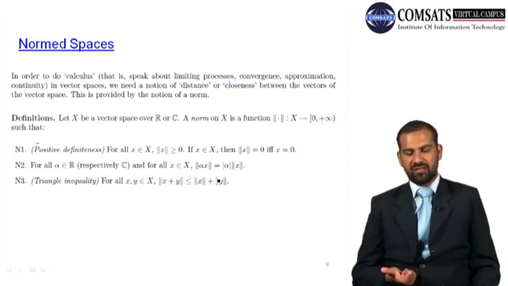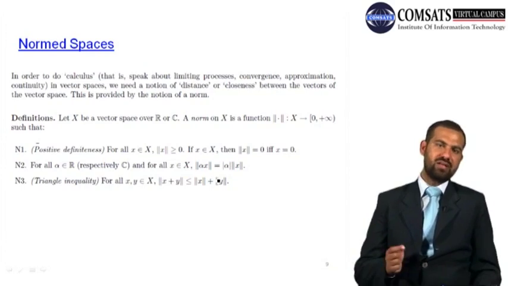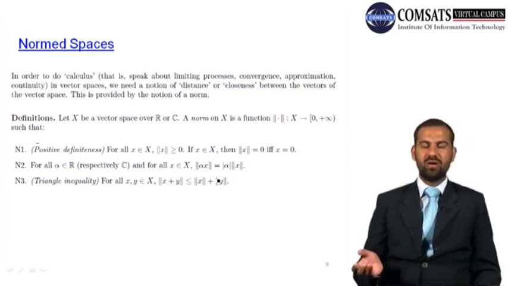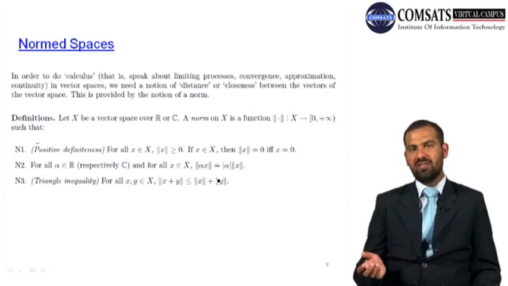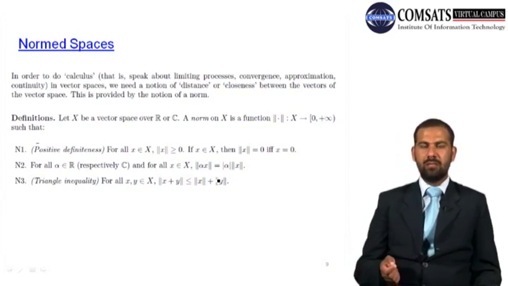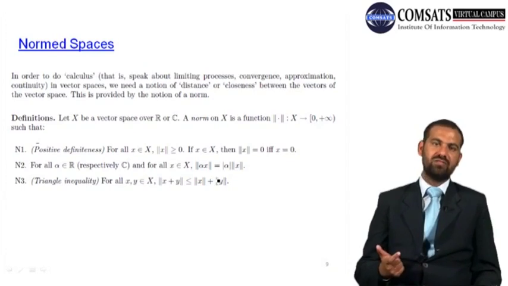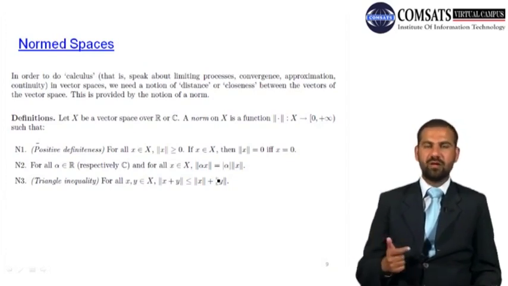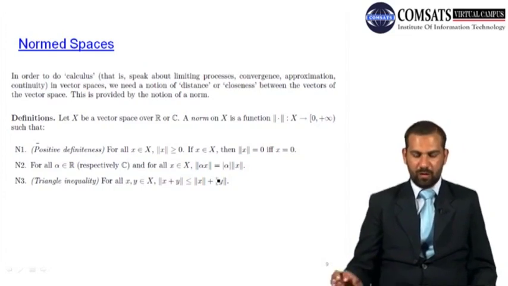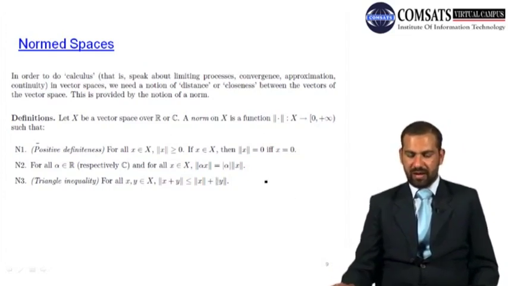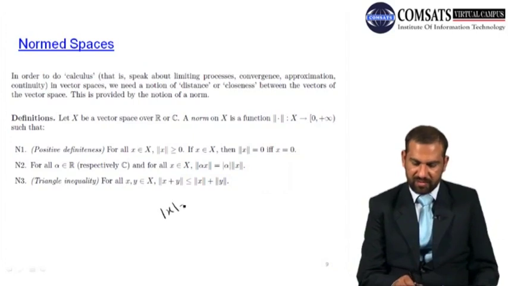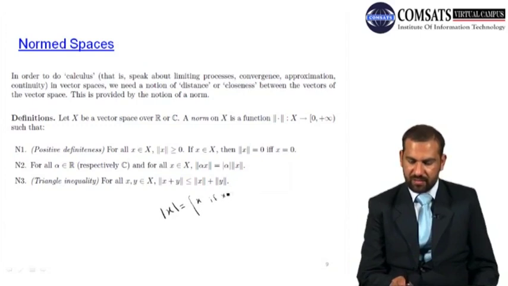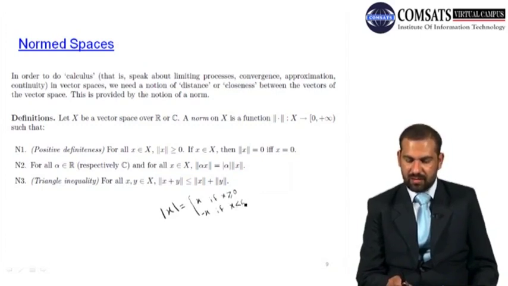Here, if alpha is positive, the mod of alpha is equal to alpha, and if alpha is negative, then the mod of alpha again makes a positive element, that is minus alpha, which is the property of mod. Just to write here: the mod of x is equal to x if x is positive, and the mod of x is minus x if x is negative.